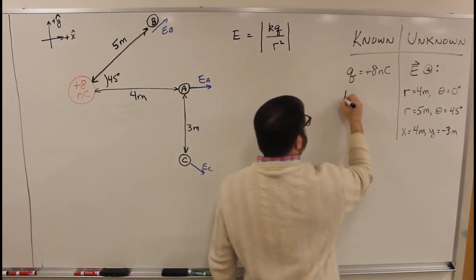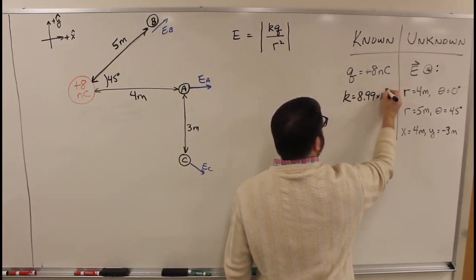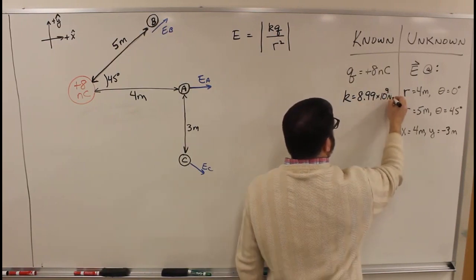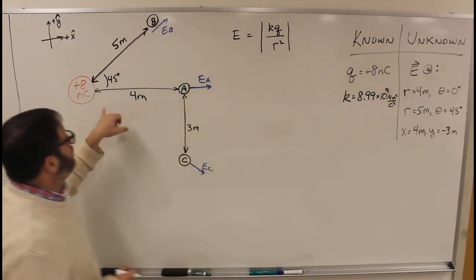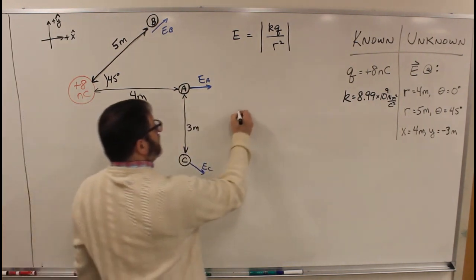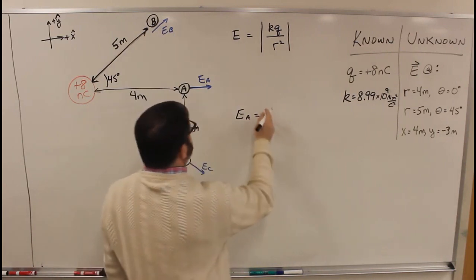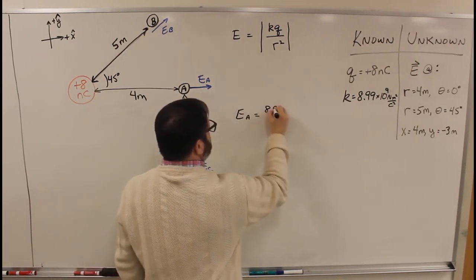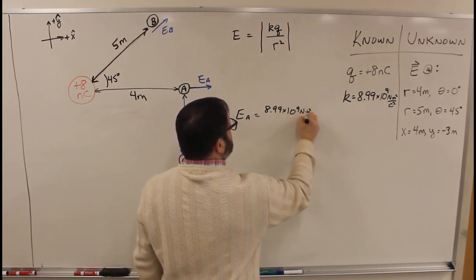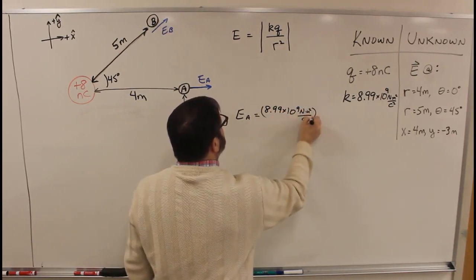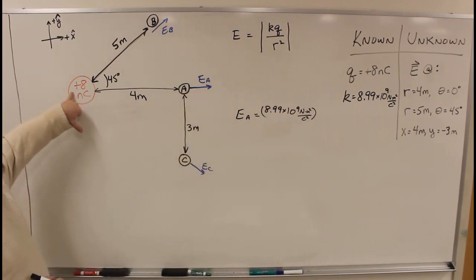K is 8.99 times 10 to the 9th Newton meters squared per Coulomb squared. So E, if we start with A, so that means the magnitude of E at A is 8.99 times 10 to the 9th Newton meters squared per Coulomb squared times Q. Q is this charge.